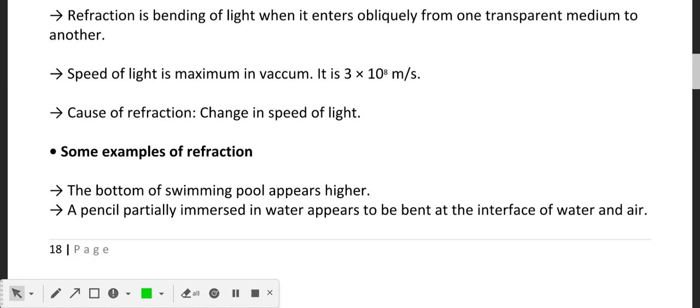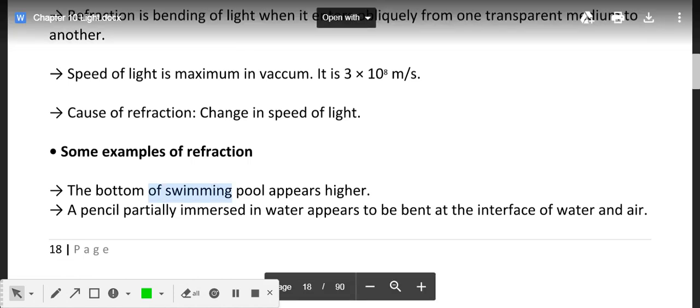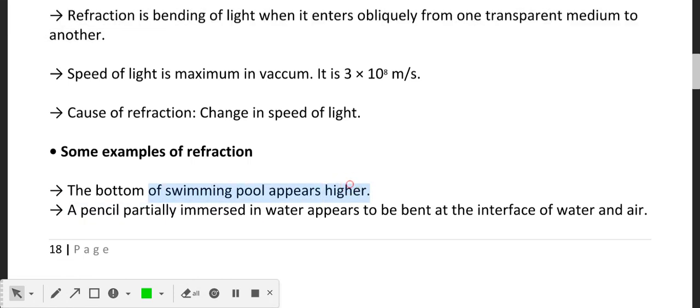Now, some examples of refraction are: the bottom of a swimming pool appears higher. As you have gone in a swimming pool, you might have observed that the bottom surface rises up a little when you look inside the swimming pool. Or you can perform the activity at home also.